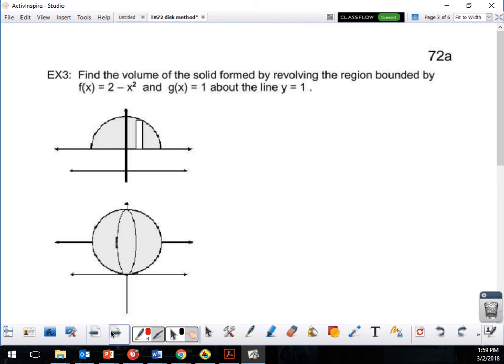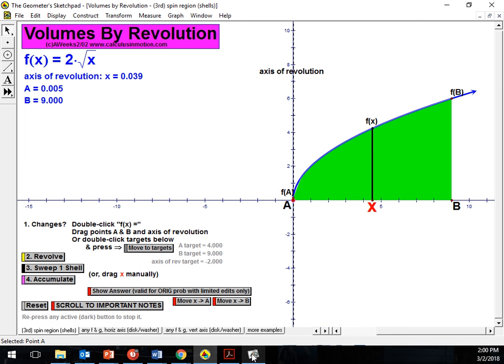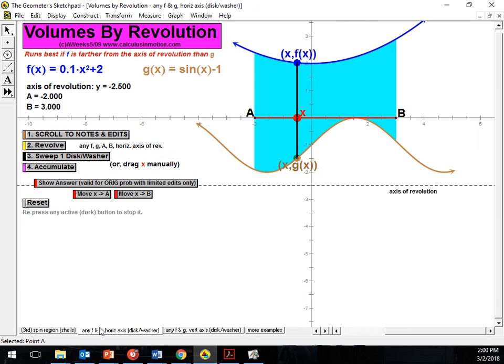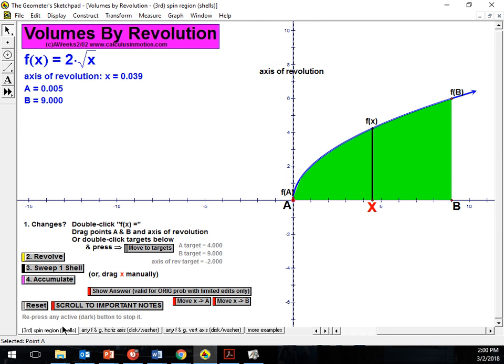Okay, so this is right here, bounded by this. Now this one right here, to show you, here's my x-axis, and this is my 1, and it's now rotated about y equals this. So let's go back to my graphic.